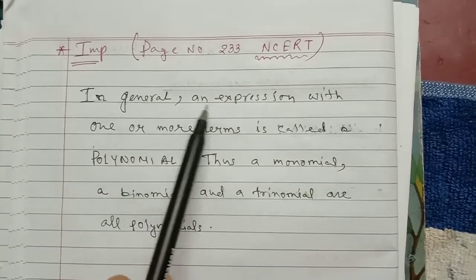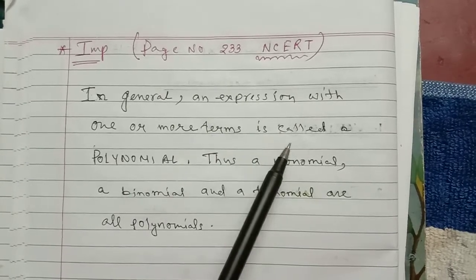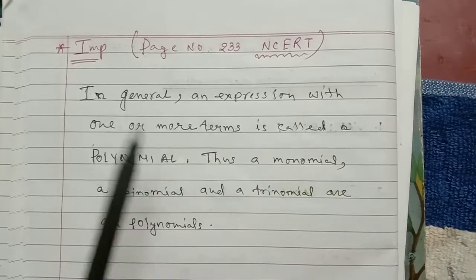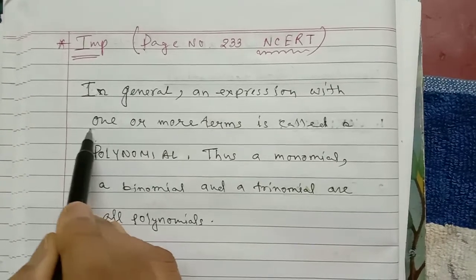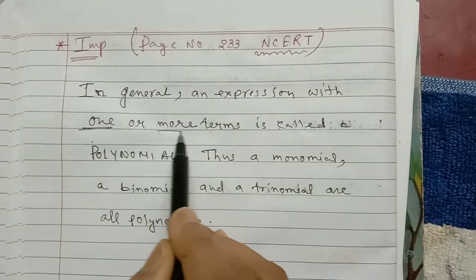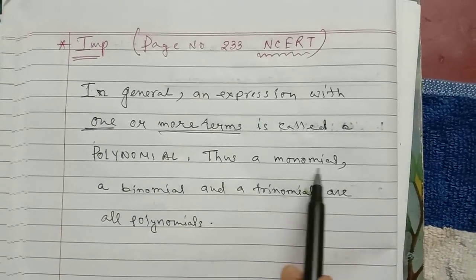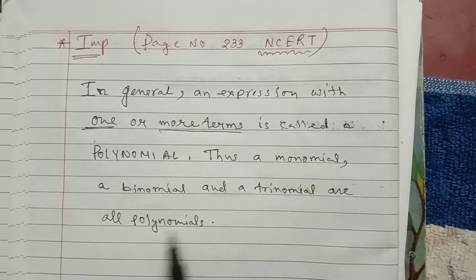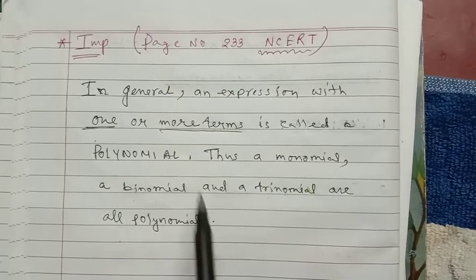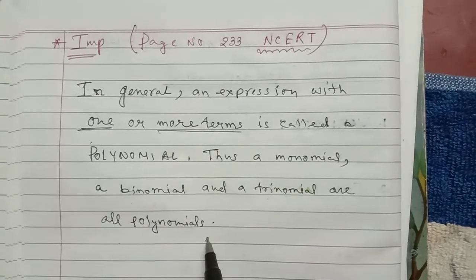In general, an expression with one or more terms is called a polynomial. Thus, a monomial, a binomial and a trinomial are all polynomials. Understood? This is important. That is why I am giving this separately to you.